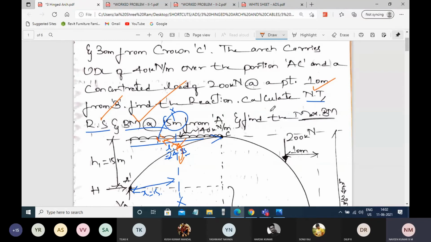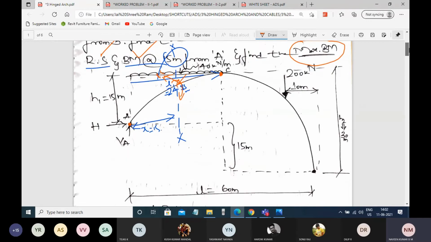in the problem statement. So now we need to find the maximum bending moment. In order to find the maximum bending moment, you need to consider both the AC segment as well as the CB segment.